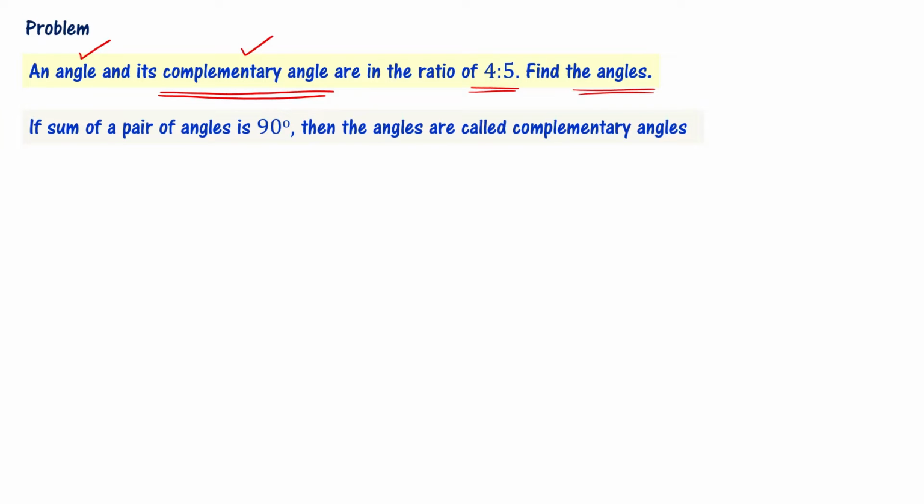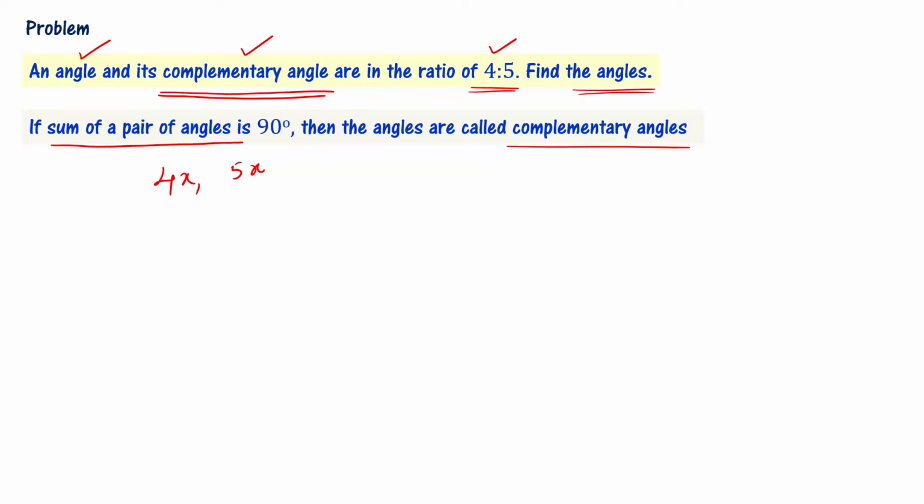If sum of a pair of angles is 90 degrees, then the angles are called complementary angles, right? If I take two angles, then their ratio is 4:5 and their sum is 90 degrees, right? Let's say those angles are 4x and 5x.